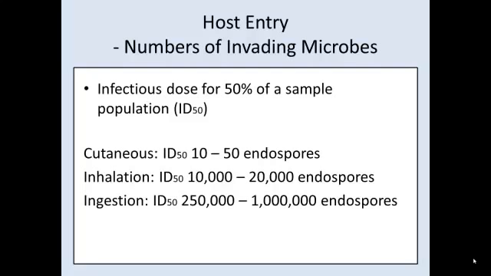That's why it was about 50-50. Then to get ingestion anthrax, which believe me, you really don't want to get, you need 250,000 to 1 million endospores. So what's the preferred portal of entry for anthrax? Cutaneous. It wants to come through breaks in the skin.